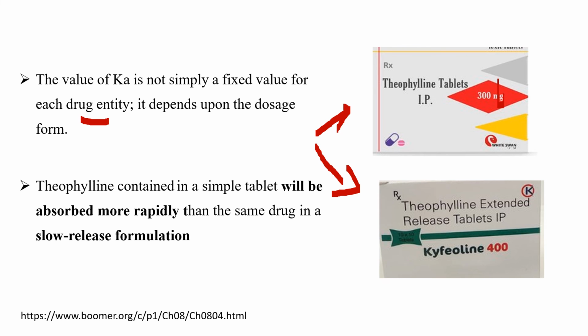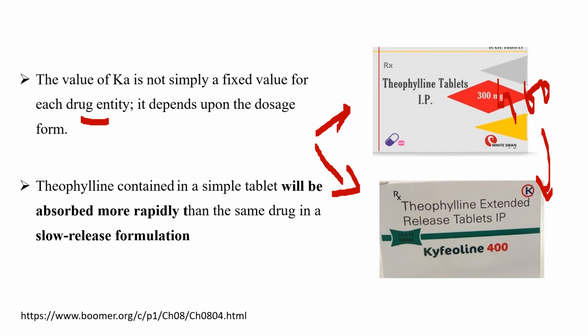Even if it is 400 milligram here and here also, since it is a slow releasing tablet, it is made in such a way that the absorption from the gut will be slow. So that's why the absorption rate constant will be different for both formulations.